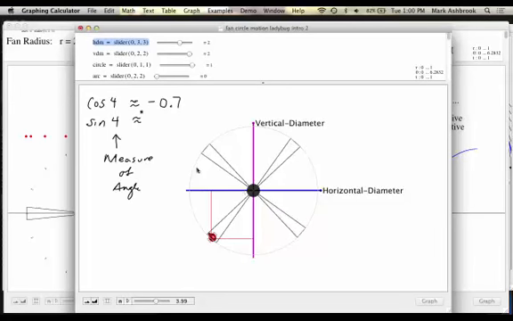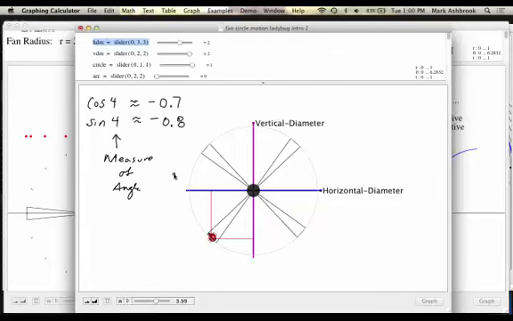Let's compare it to cosine, and let's go off of what we did for cosine. So is it more of a radius or less of a radius than the cosine? More, right? More. So let's do negative 0.8. Fine.